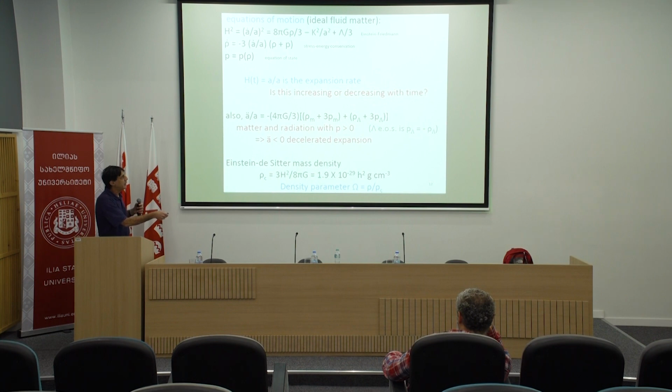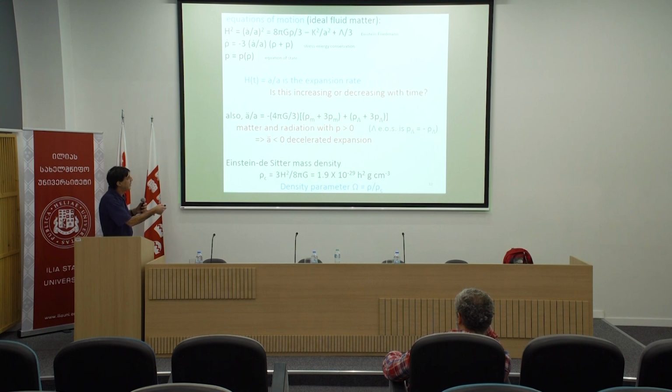Everything in the round parentheses here is negative if rho lambda is positive. And if you take rho lambda to be bigger than rho matter, then the negative part in here can overwhelm the positive part and make everything inside the square parentheses negative.